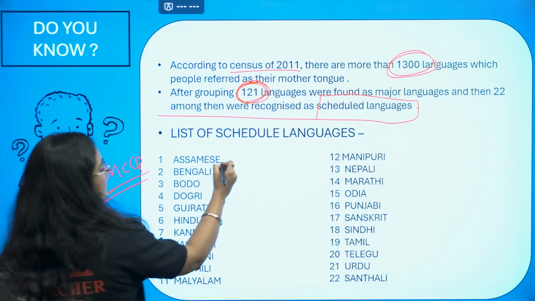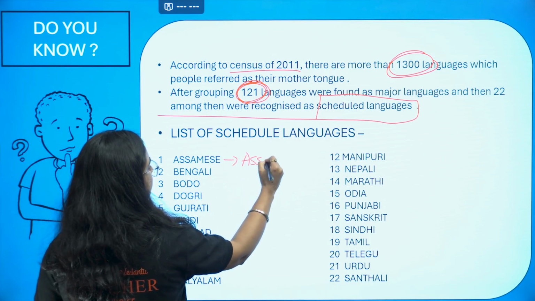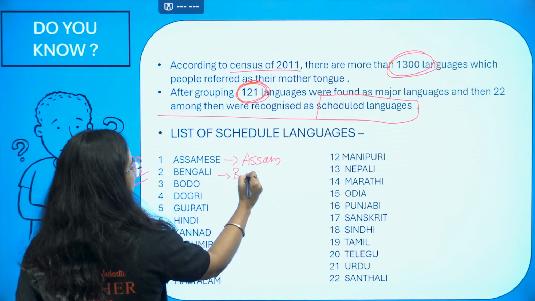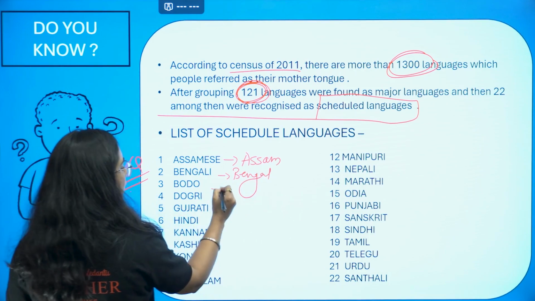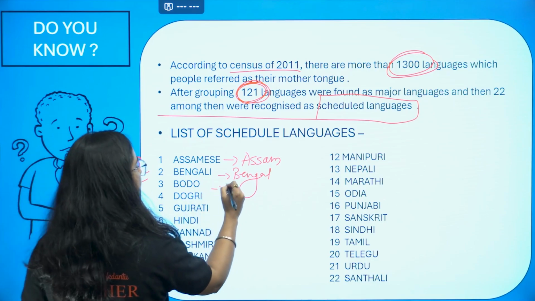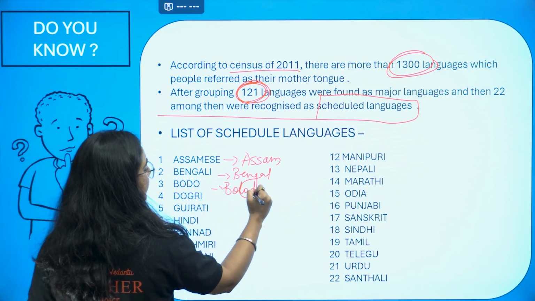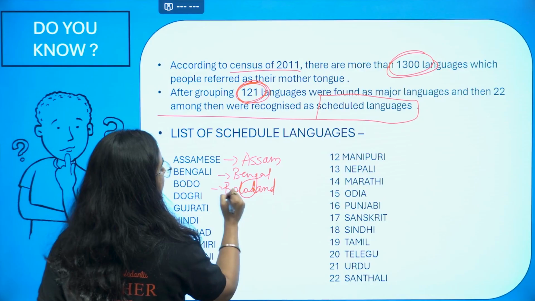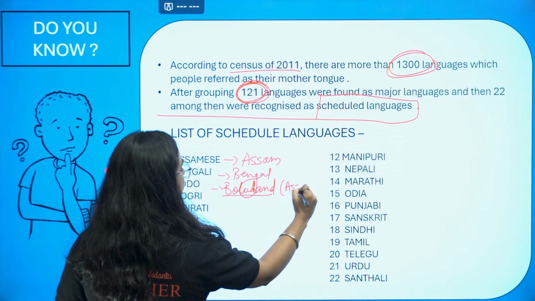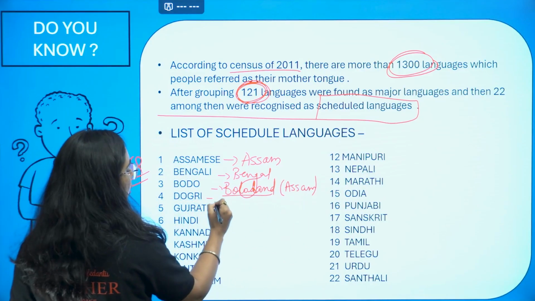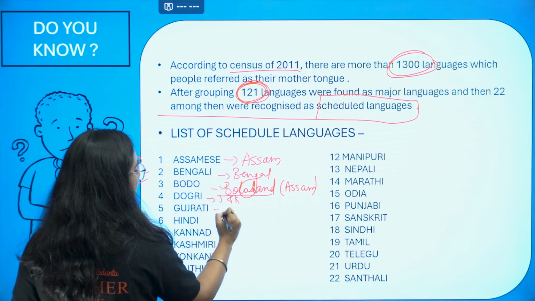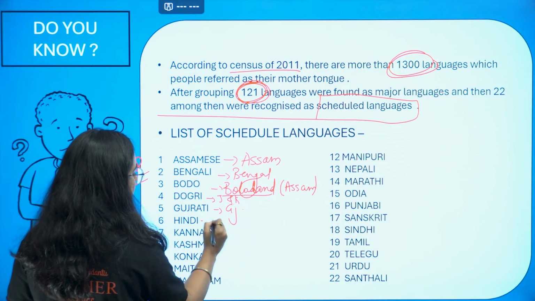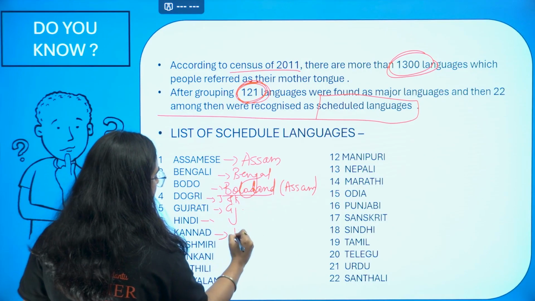So Assamese is spoken in Assam. You know that's Bengali in Bengal. Do you know where Bodo is spoken? It is in Bodoland, basically Assam. Dogri is in Jammu Kashmir. Gujarati is in Gujarat. Hindi, you know, northern India.